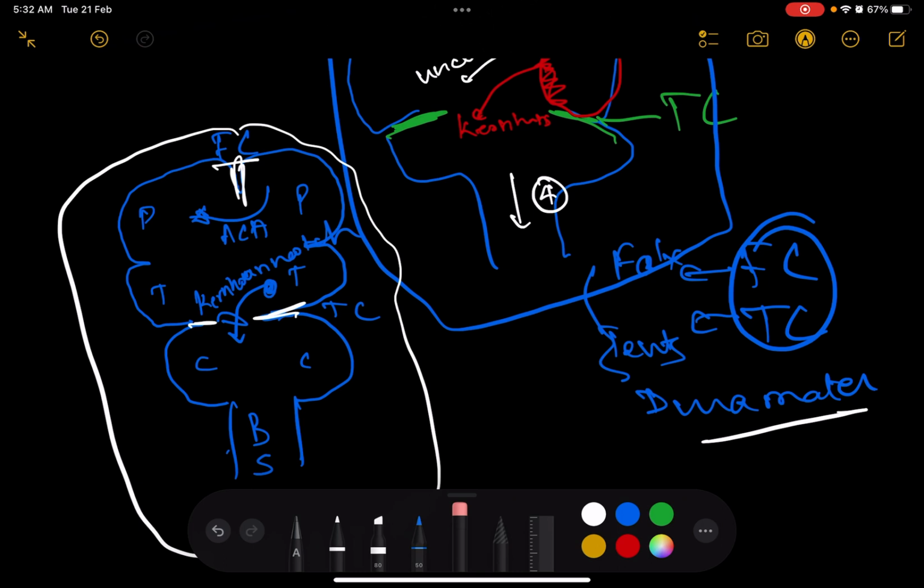We have a herniation that's called the cingulate herniation that actually occurs below the subfalcine herniation, and it actually compresses the anterior cerebral artery because the anterior cerebral artery lies somewhere around this particular in the cingulate gyrus. Okay, so that's one point that has to be noted.